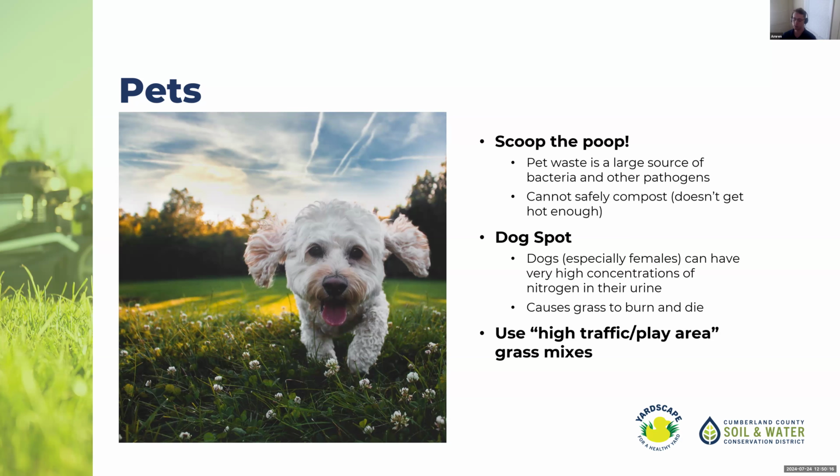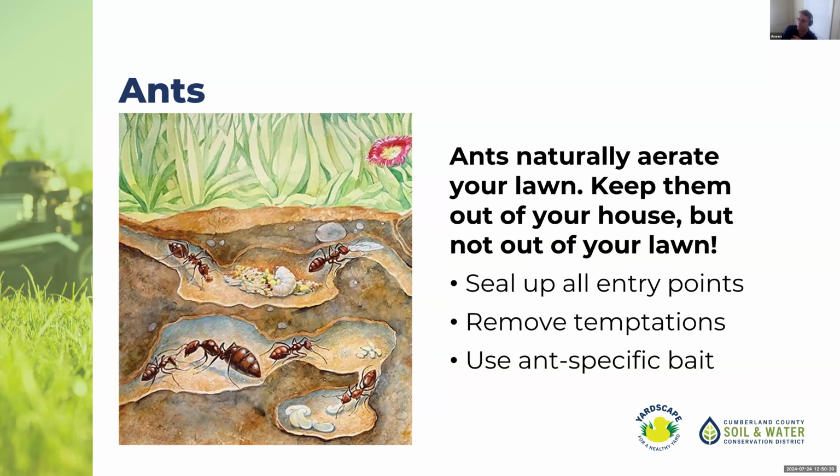So it's a larger issue, important to address on your property, and then use particular grass seed mixes that might be more resistant to nitrogen coming from their urine and waste. And if it is a problem where you get a lot of nitrogen burning, there are diets you can put your dog on to prevent that.